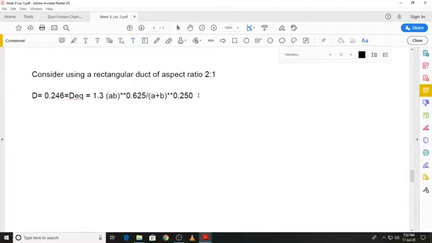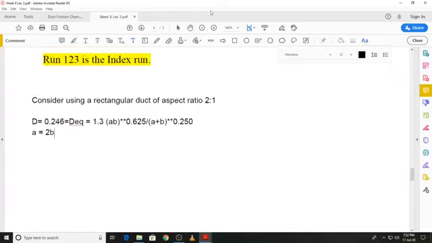When we say aspect ratio of 2:1, it means A is twice B. So that is A, and what we mean by A and B, those values.